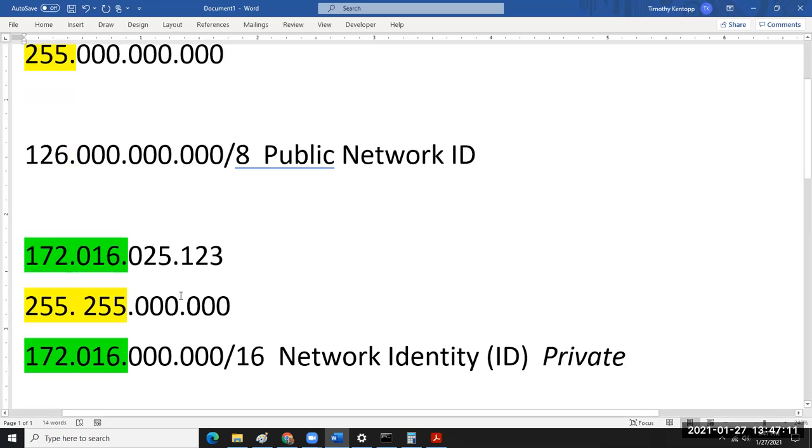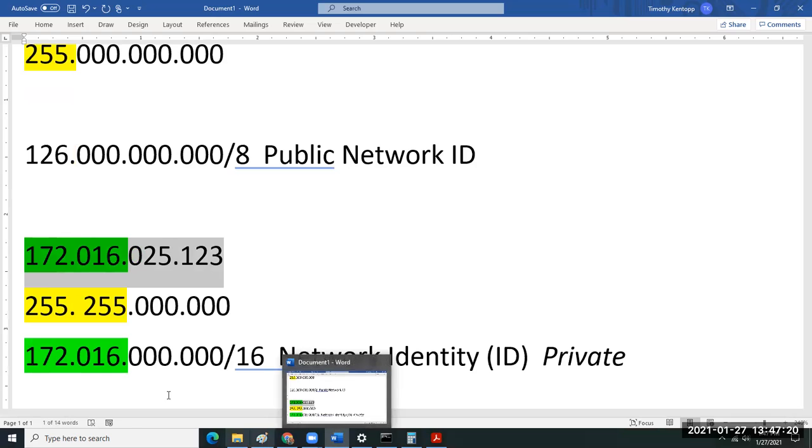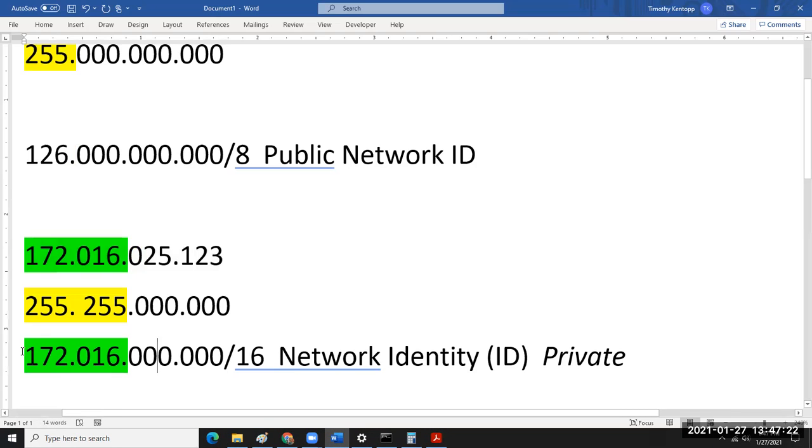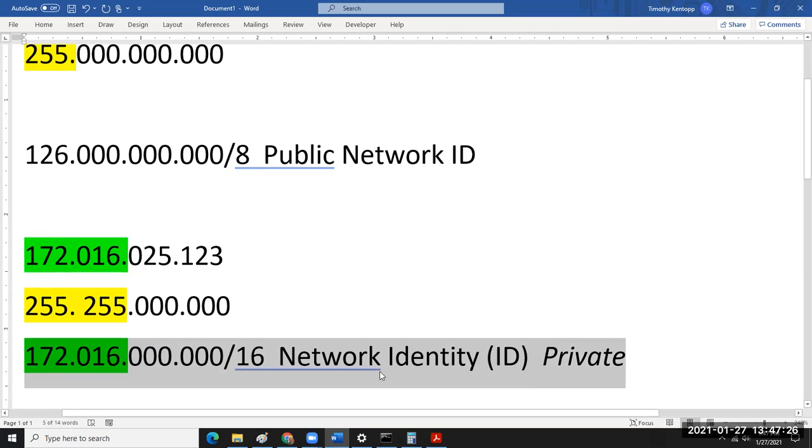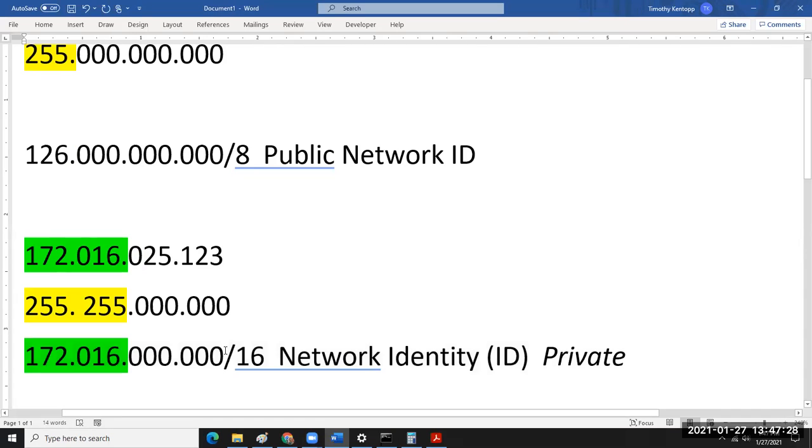If I give you a problem where I give you the subnet mask and the network address assigned to that device, can you come up with your own network identity, with the notation for the subnet mask? That's the question I have for you today.